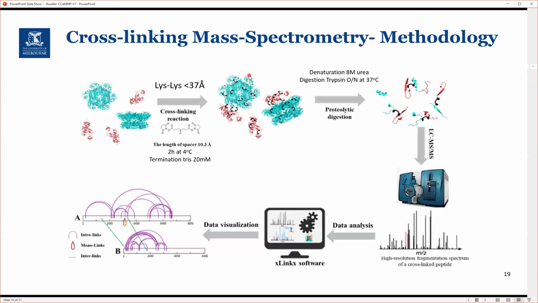You incubate the linker, which cross-links lysine residues that are in close proximity in the 3D structure, and then you stop the reaction and do an extensive trypsin digestion, or proteolytic digestion, getting small peptides that you then resolve by mass spectrometry. This technique allows you to determine cross-linked peptides, so residues that were in close proximity in the 3D structure.